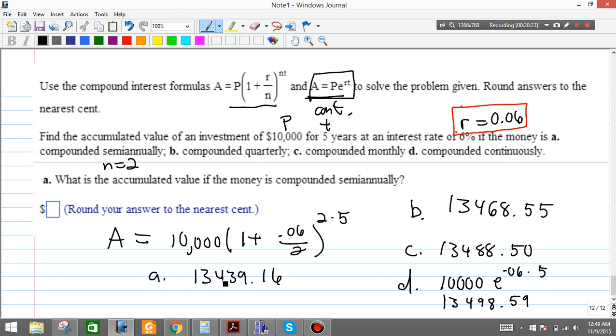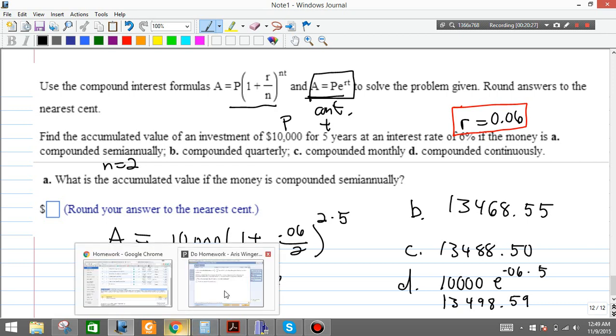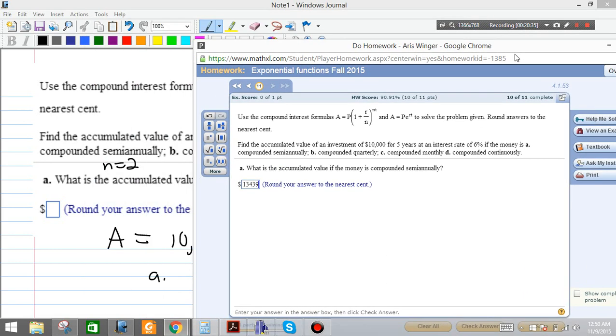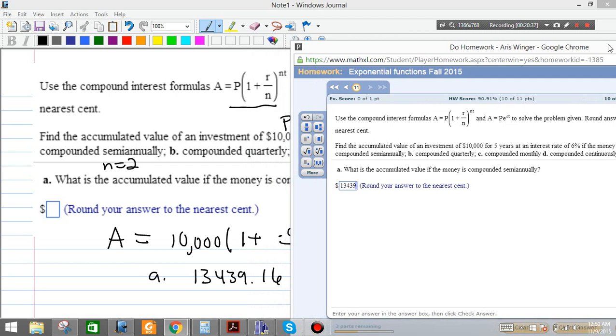Okay, and then we're going to put this stuff in. So $13,439, and let's move this over. 16 cents. Let's see if that's okay.